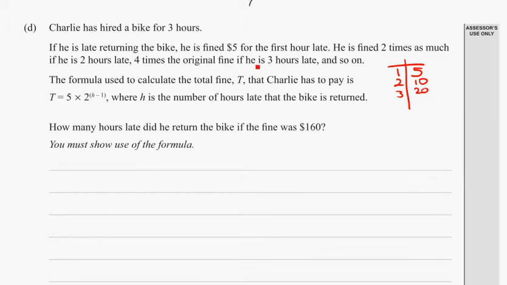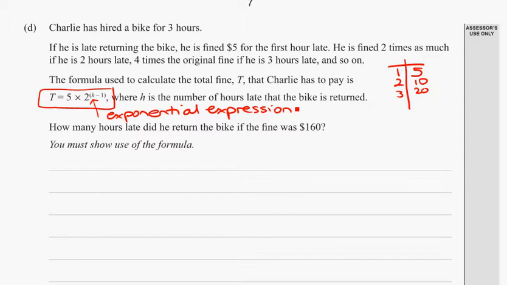Four times the original fine if he's 3 hours late, and so on. The formula used to calculate the total fine he has to pay is t equals 5 times 2 to the h minus 1. This expression here, where the unknown, the variable, is in the power, is called an exponential expression. Not linear, not quadratic, exponential.